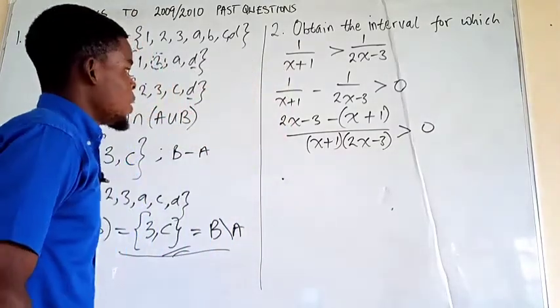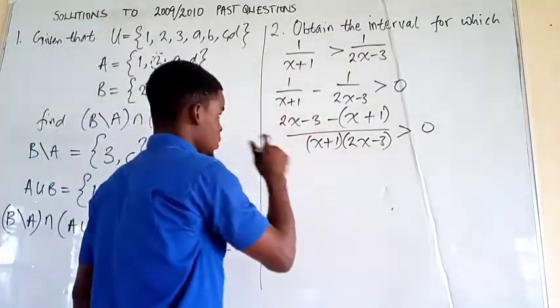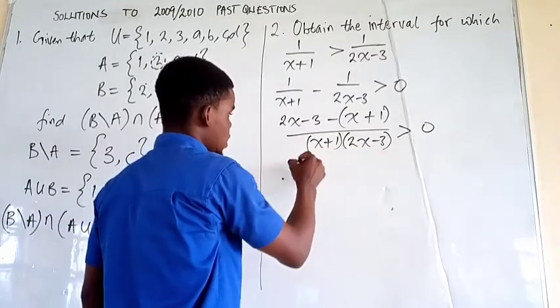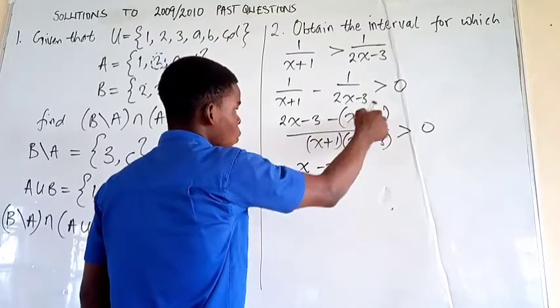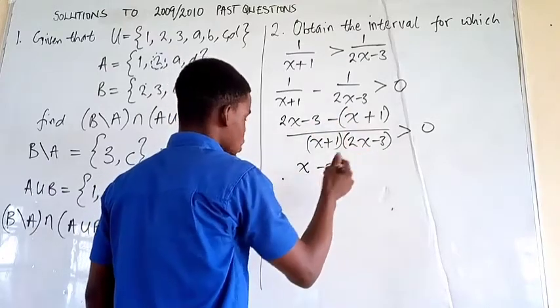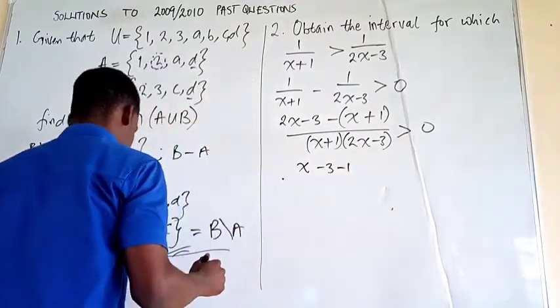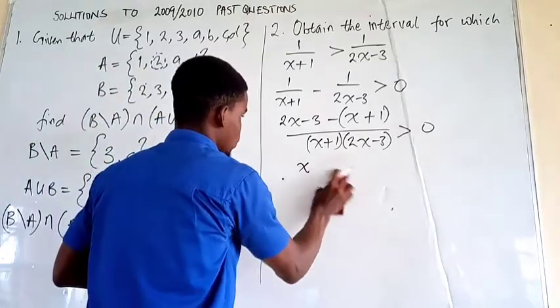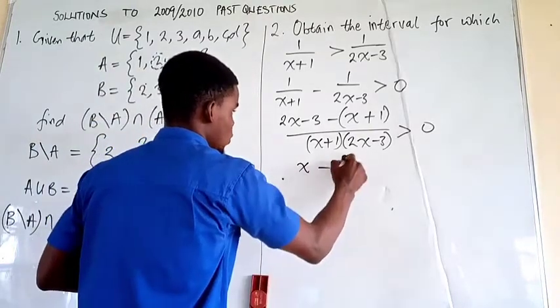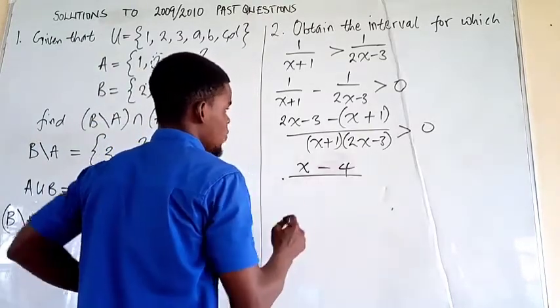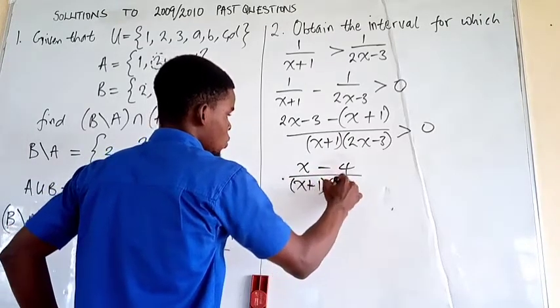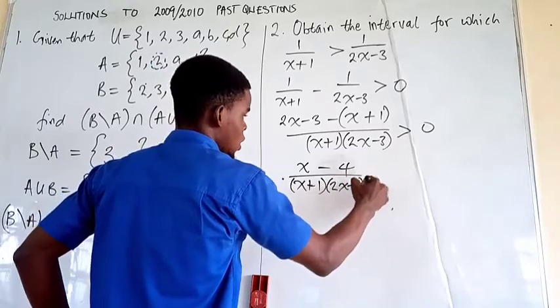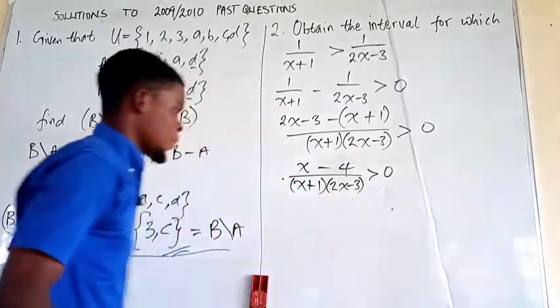Now from here, we'll simplify everything on top. We're going to have 2x minus x, that is just x, and then negative 3 minus 1, that is negative 4. So we put it down: x minus 4, divided by x plus 1 and 2x minus 3, greater than 0.